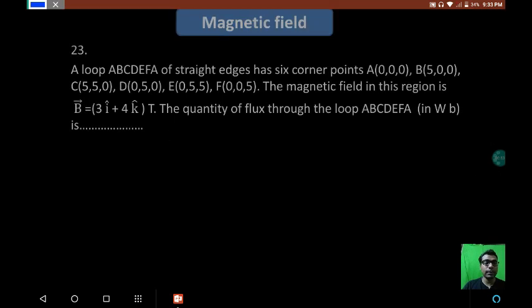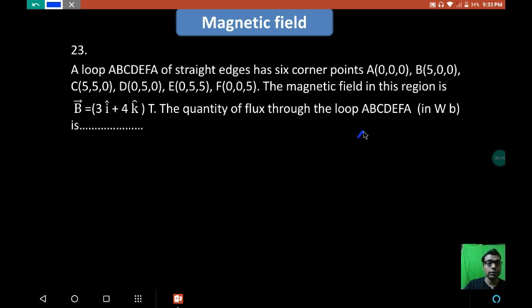Let us see on the graph, if we can draw. This could be the origin, 0 0 0. This will be the coordinate.